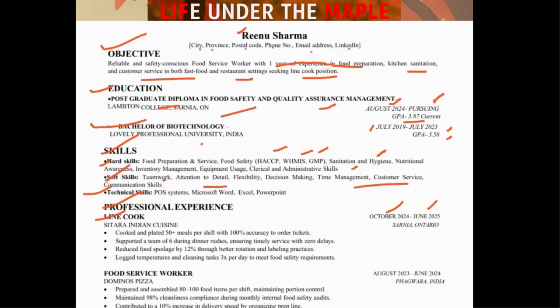You can skip that and only mention your experience from your own country. Mention what your job responsibilities were, and what you achieved during that job, the outcomes, good, bad, whatever. She already had experience in India as a food service worker at Domino's Pizza. It is all here.